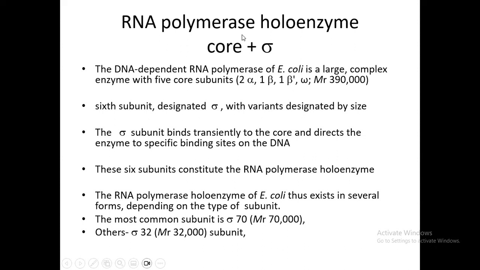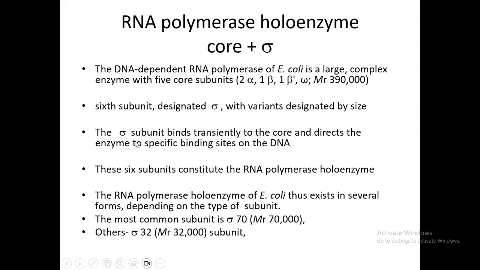RNA polymerase holoenzyme basically consists of the 5 subunits of the core RNA polymerase plus the 6th subunit, which is known as the sigma subunit. There are different variants of the sigma subunit, which differ from each other by their size.